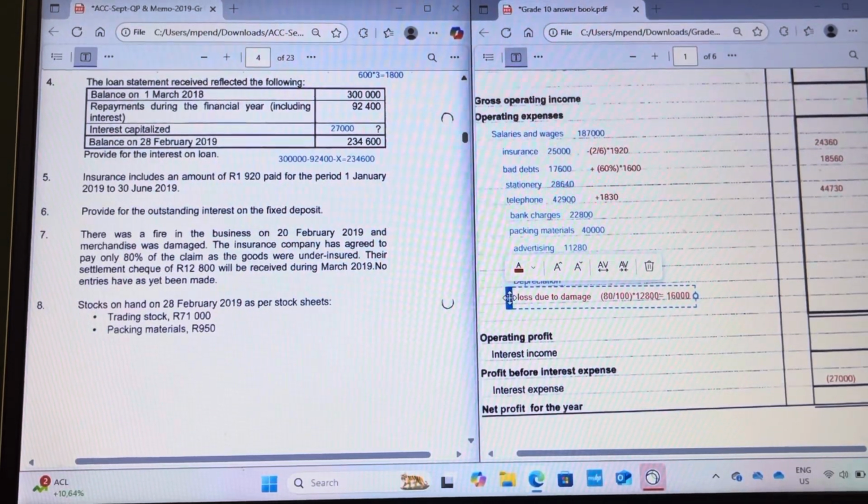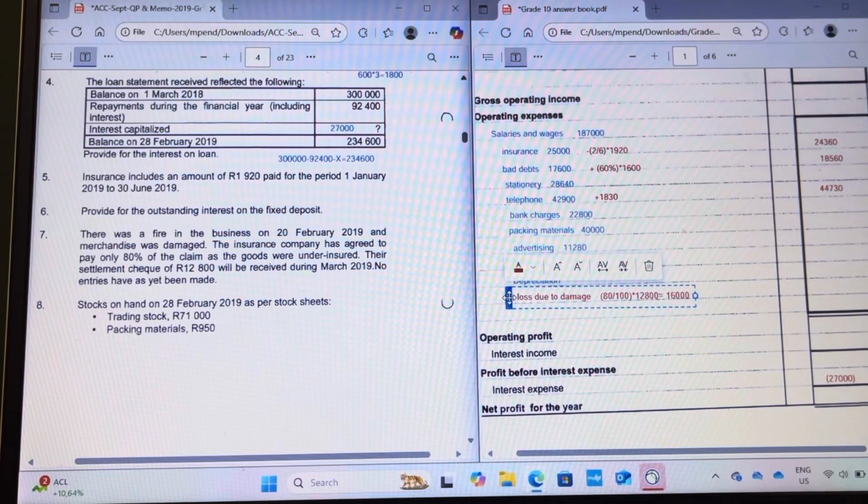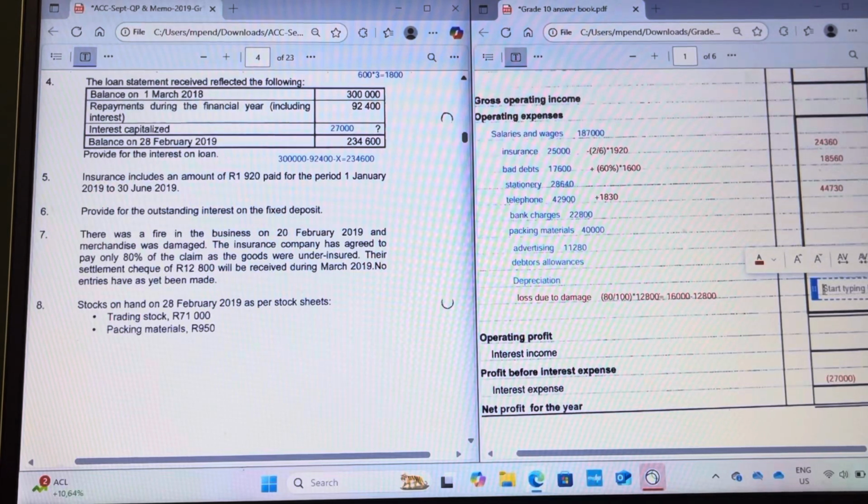So that is the total value of the claim. But we're only going to be able to get 12,800. That means the difference is now the loss, which is 3,200.